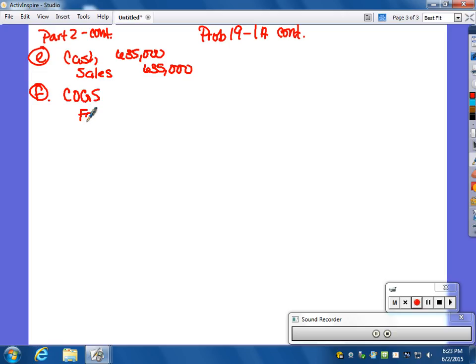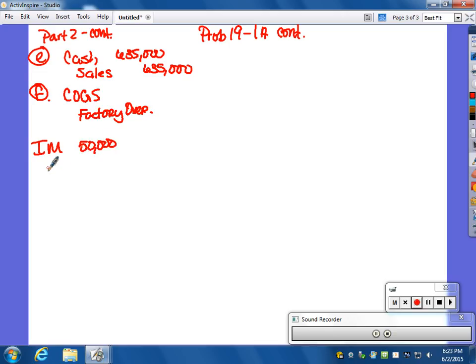No, we have to do the overhead to make sure how much we got. Is the account factory overhead? All right. So indirect material, indirect labor, and so on. We had indirect materials, right? How much were they? 50,000.